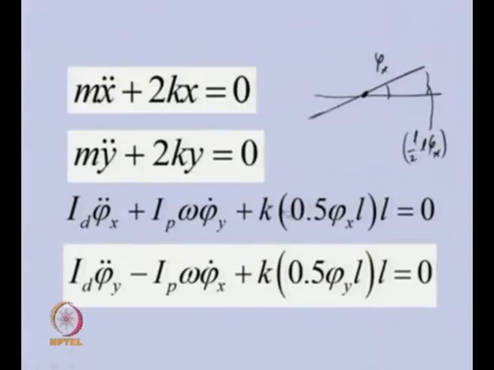If you see this particular equation carefully, these equations are coupled, unlike the first two equations, which are uncoupled. The first equation contains x only, the second contains y only, but here the angular displacements phi x and phi y are there. Similarly, here phi y and phi x are there. So these last two equations we need to solve simultaneously.